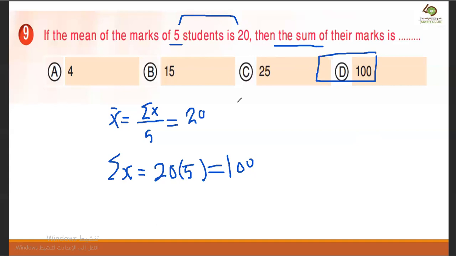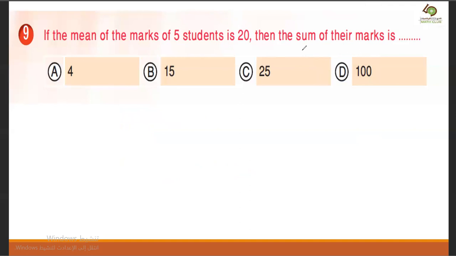Okay, no problem. Now, look, if I want the sum of their marks, you only multiply the average, which is 20, times the number of students, which is 5.